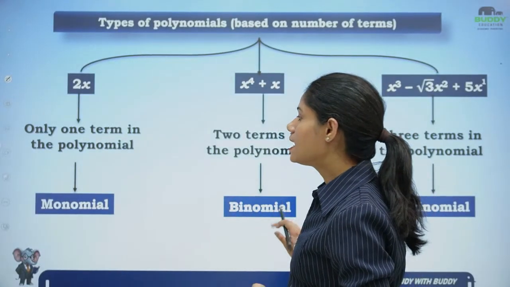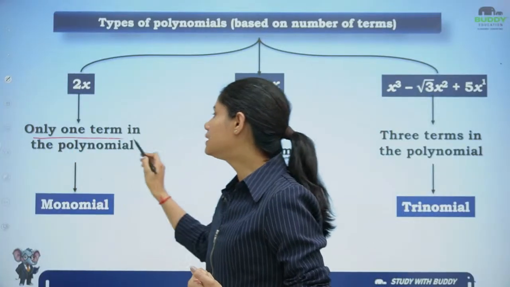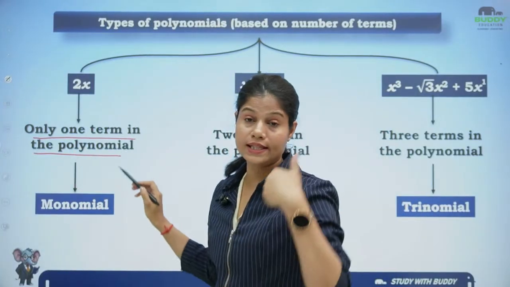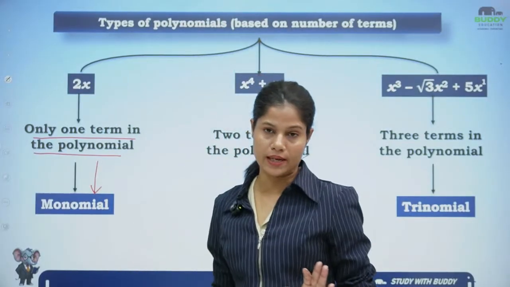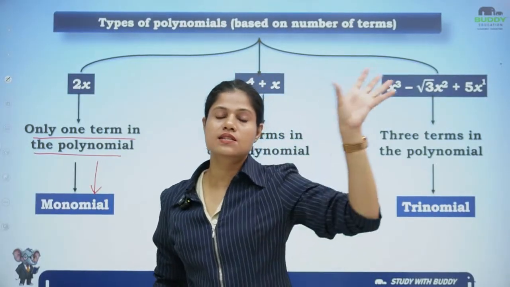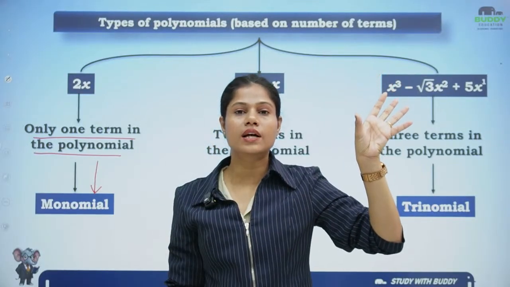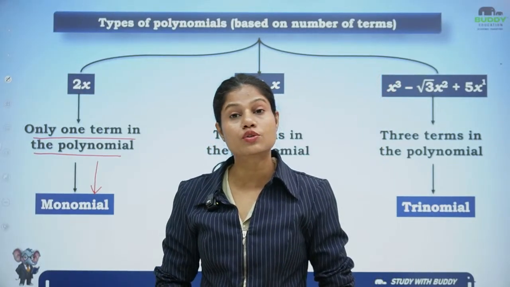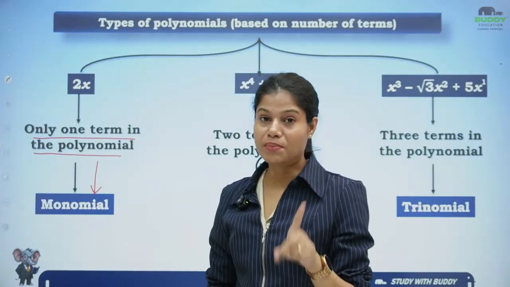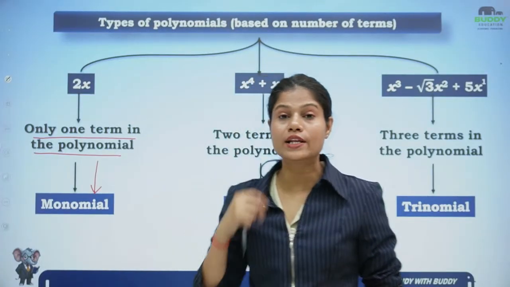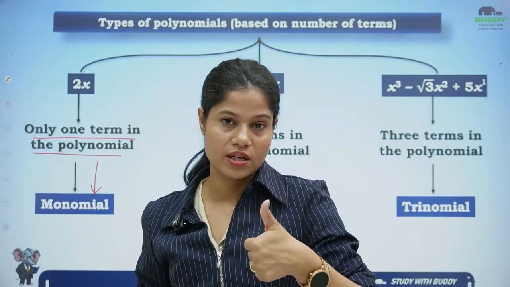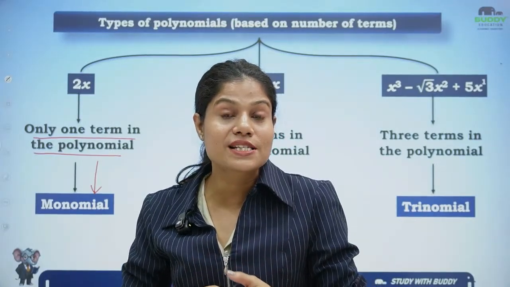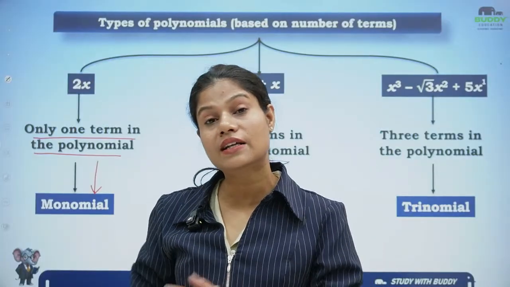Now, if you have only one term in the polynomial, then that kind of polynomial is known as a monomial. Means if I am saying this is a monomial, you will conclude that it is going to have one term. But when you state this, you have to check whether you have simplified the given polynomial or not.